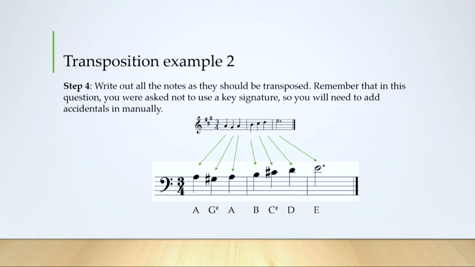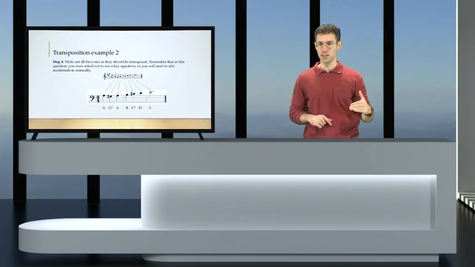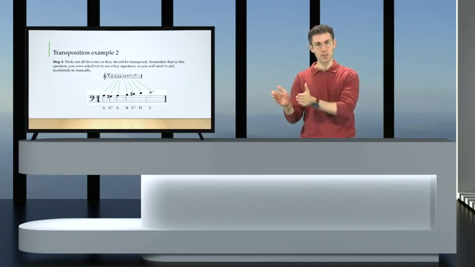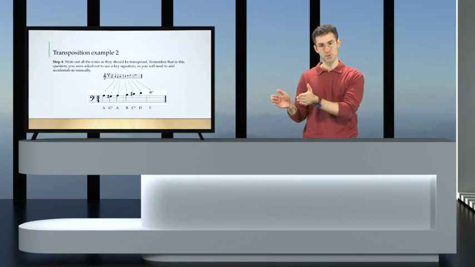And then after you've written out the notes, one by one, write each note out individually in its new position. If it's up an octave, take it to its new position in the stave. If it's down an octave, take it into its new position in the stave. If you do all of those things step by step, transposition should be very simple for you. And that's where we end this lesson.